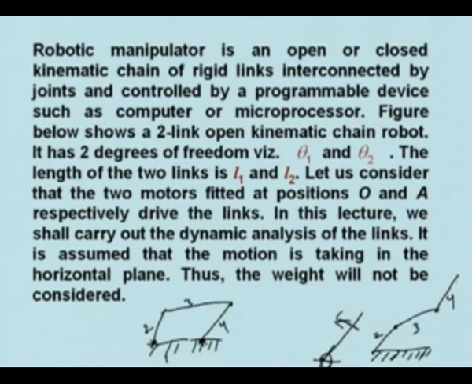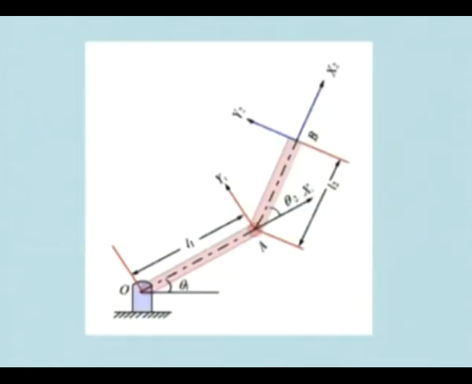So we take the example of just a 2-link robotic manipulator. This is an open kinematic chain, and it has 2 degrees of freedom. Even this will give us complicated equations. One link is of course a simple case.